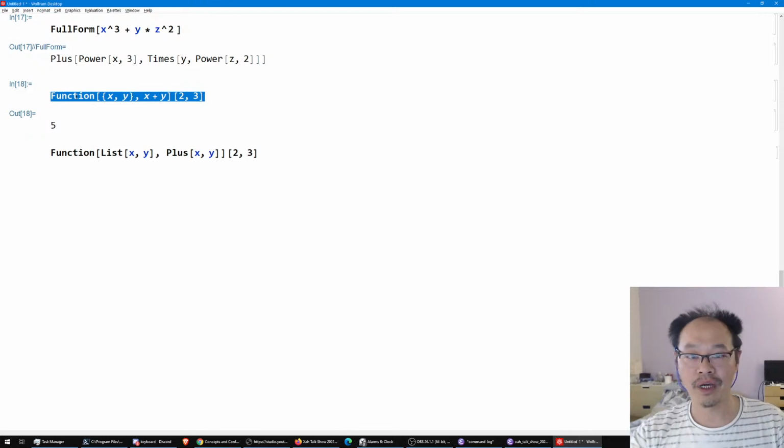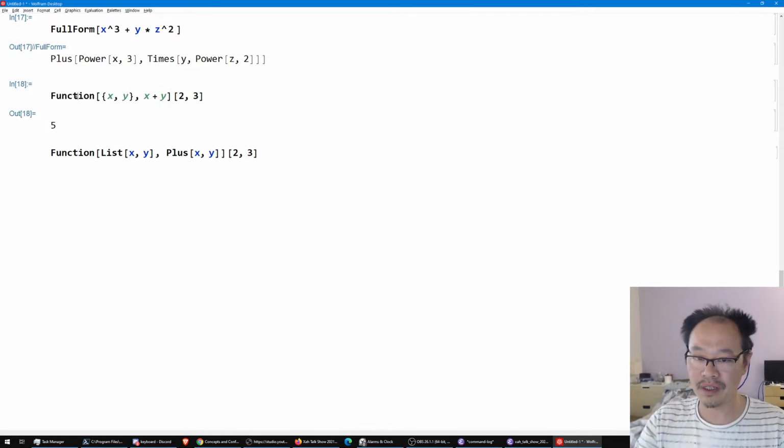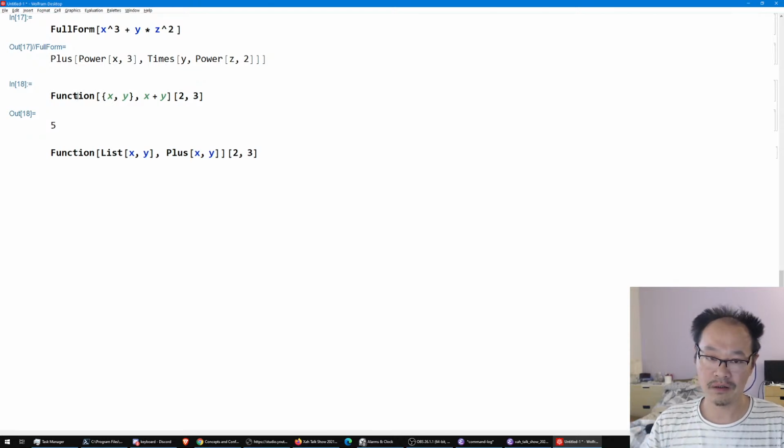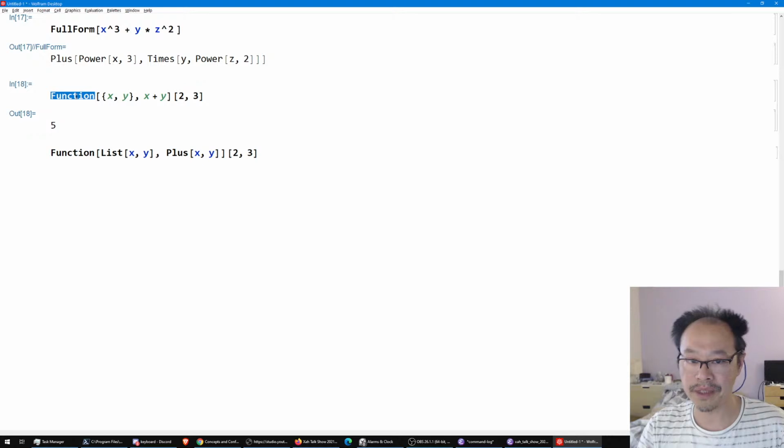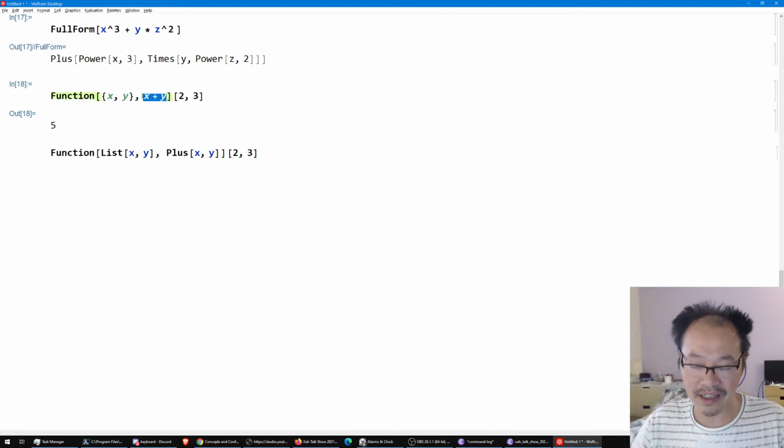Like I said before, whenever Mathematica starts to evaluate the expression, the first thing, I believe so, I'm not exactly sure because I never worked with the implementation of Mathematica, but I'm pretty sure that's correct, is to transform everything into the full form like that. So these two are exactly identical.